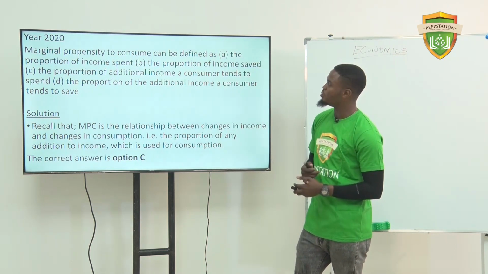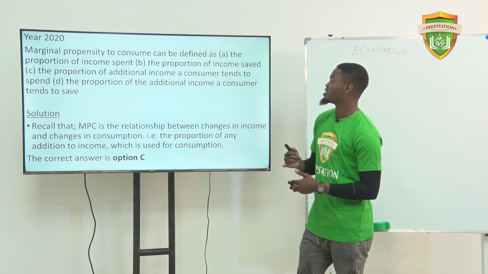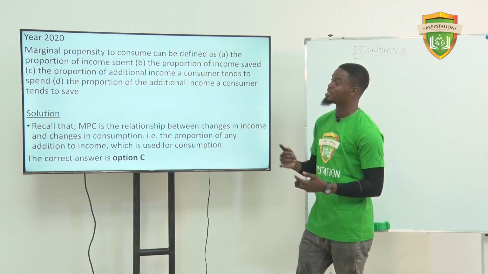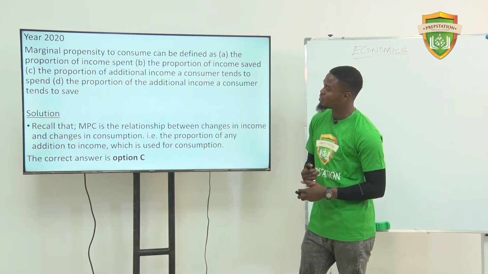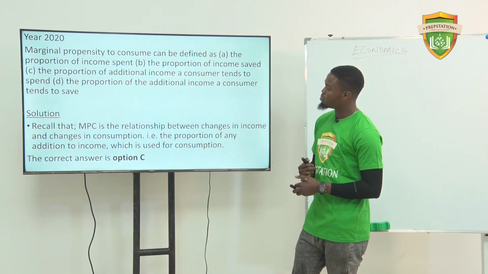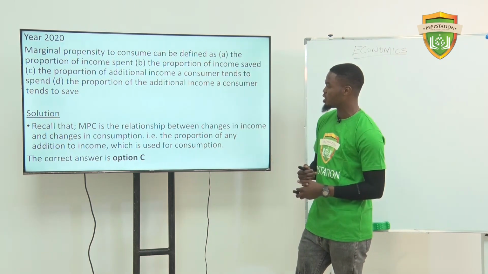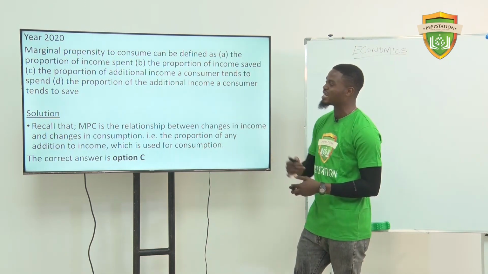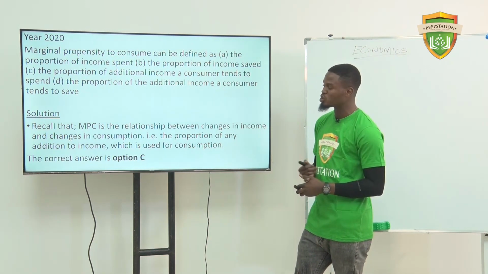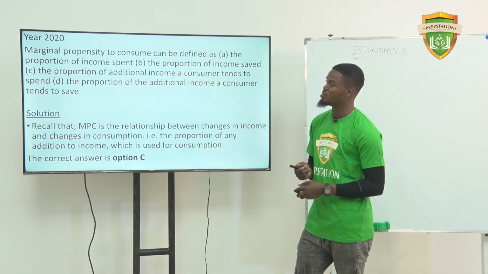So we know that it's not the portion of income spent, it's not the proportion of income saved, and it's not the proportion of the additional income a consumer tends to save. That is, it is the proportion of additional income a consumer tends to spend. Recall the definition that MPC is the relationship between the changes in income and the changes in consumption. That is the portion of any addition to income which is used for consumption. So the appropriate answer for this question is option C.